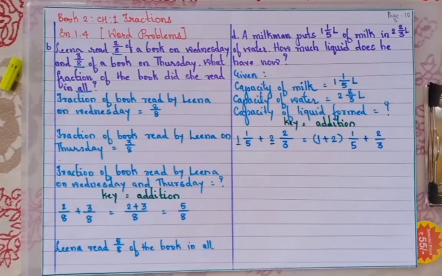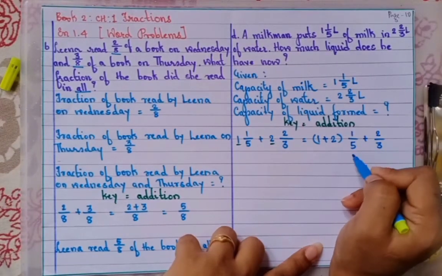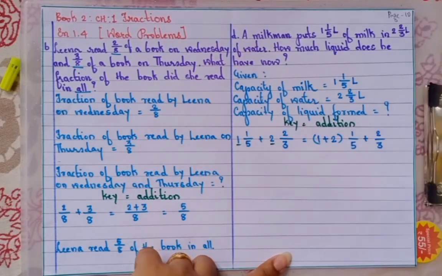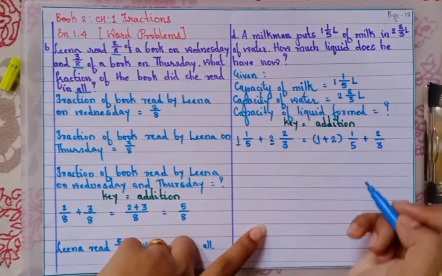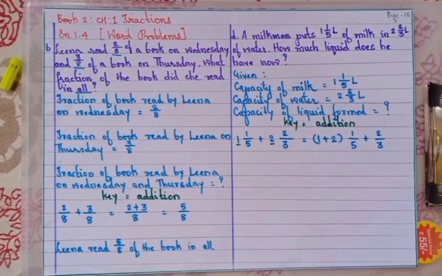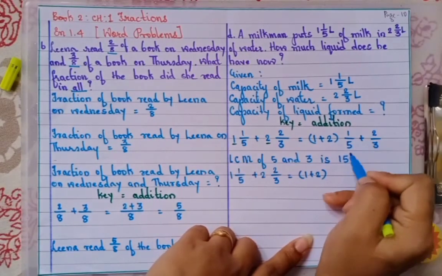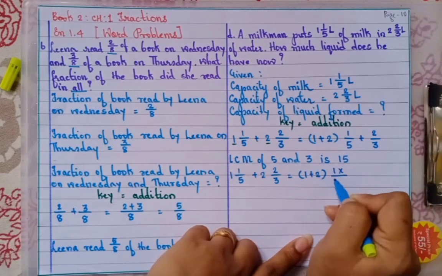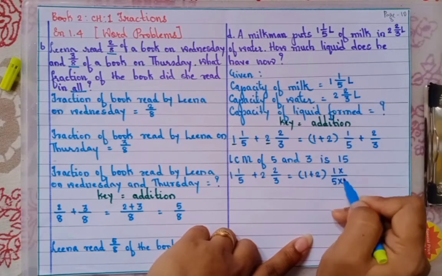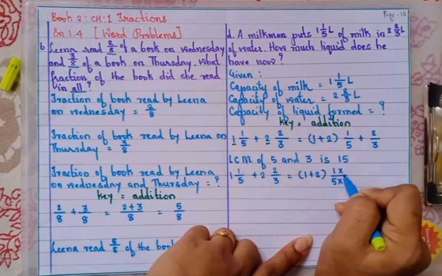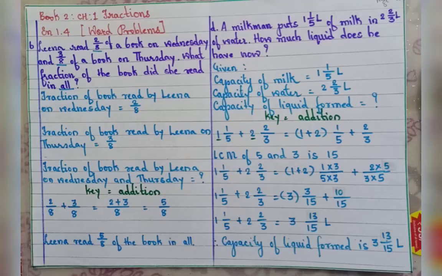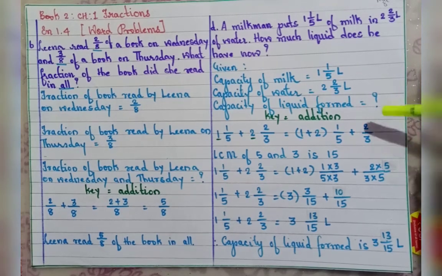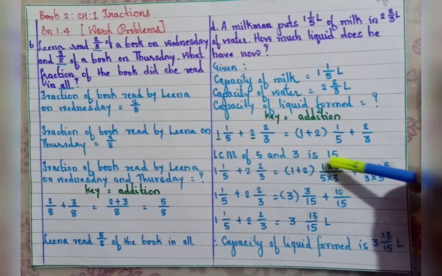But now you know that 1 by 5 and 2 by 3 are unlike fractions. So we have to make them like fractions by finding the LCM. The LCM of 5 and 3 is 15. To make this denominator 15, we have to multiply by 3, and to make this denominator 15, we multiply by 5.